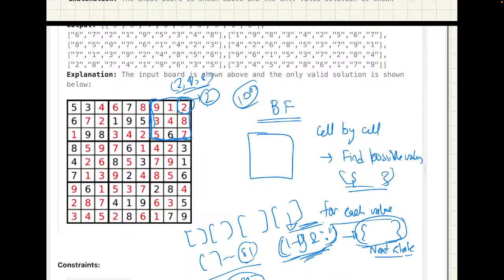If this cell is balanced, there also you can have multiple combinations. If we focus on this cell, let's say here it is 2, so we can have 4 here. It will go like 10 to the power 9. This is also a very difficult case, to be honest.